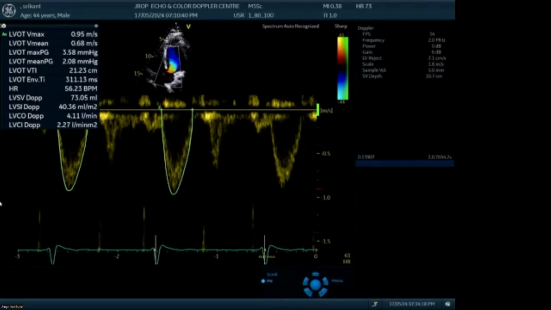Okay. Another thing: while calculating mitral valve VTI, you calculated the area of the mitral valve with the formula pi r square. Will that area coincide with the area by planimetry? This annulus area is utilized for some particular purposes. The planimetry area of the mitral valve is at the leaflet tips.